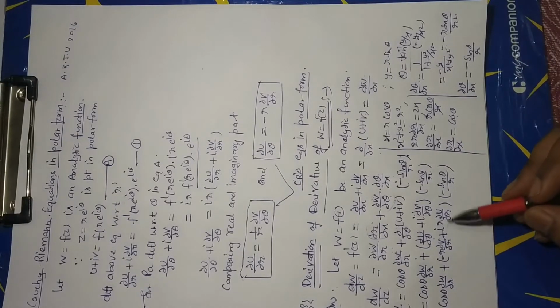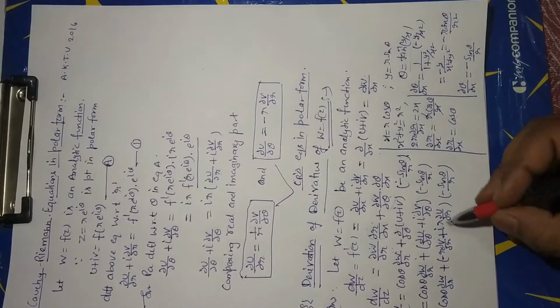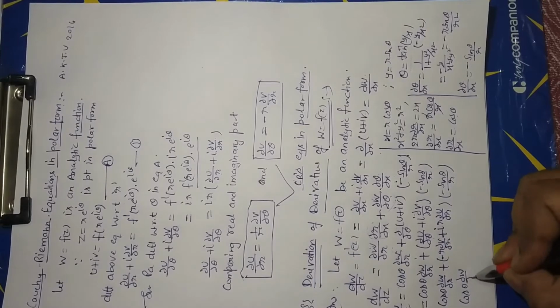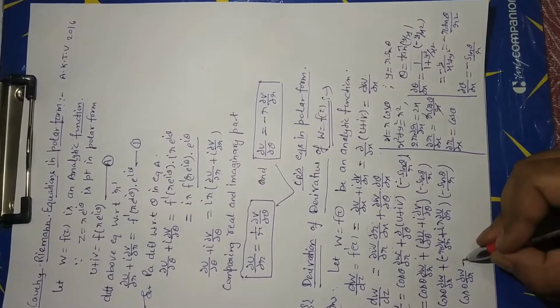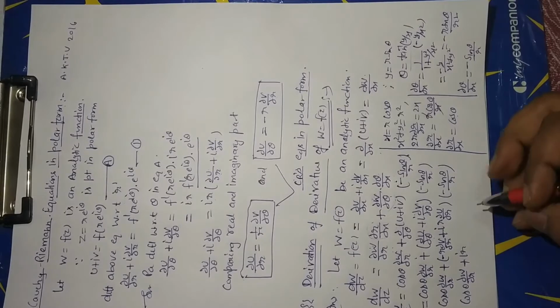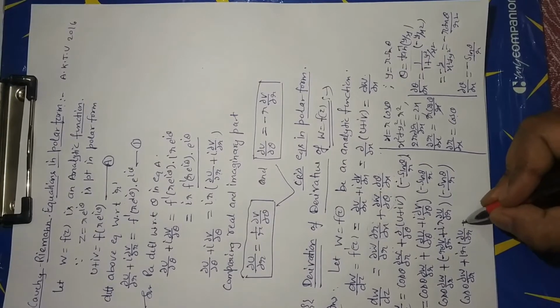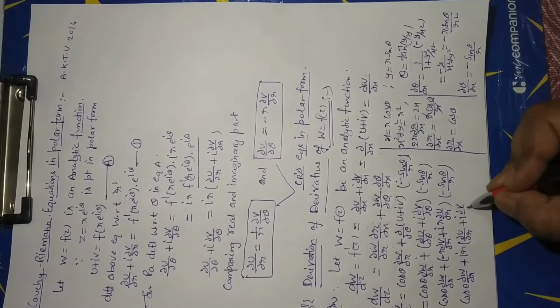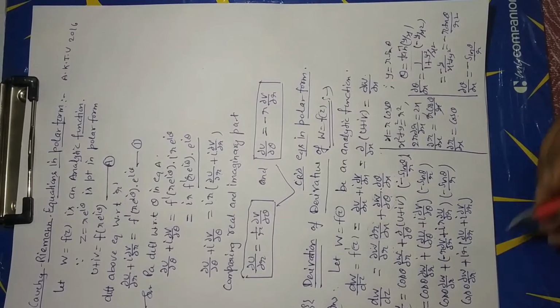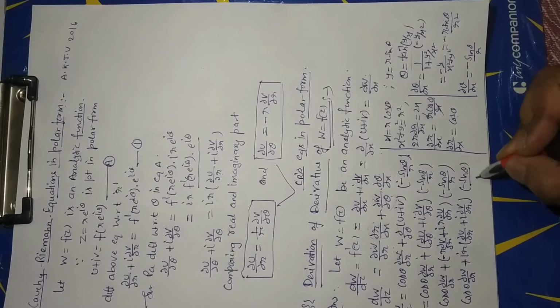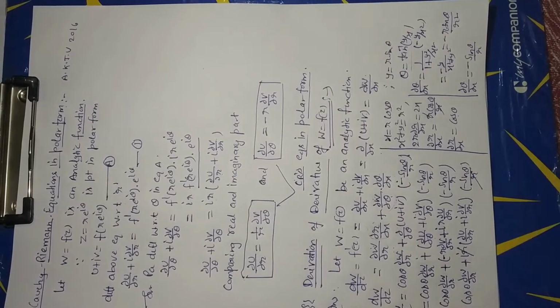Now we take i r common. So cos theta del W upon del r as it is, plus i r common, del u upon del r plus i del v upon del r, times minus sin theta upon r as it is. R cancels with this.